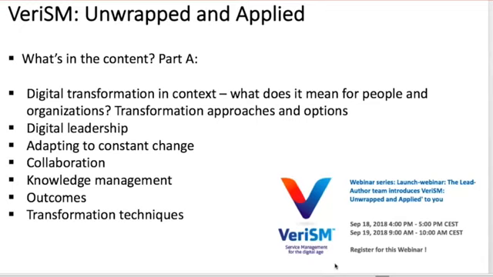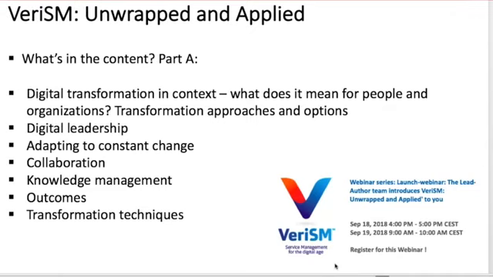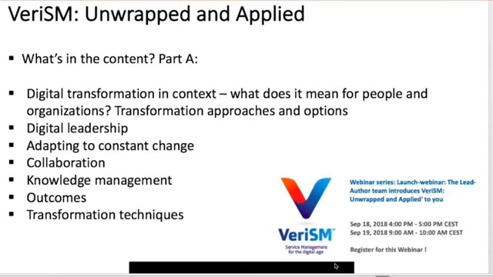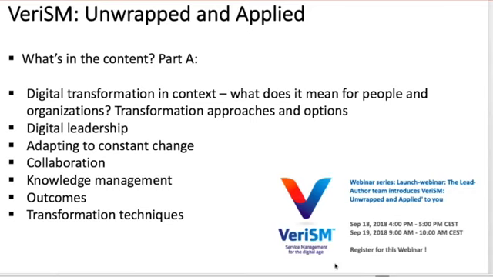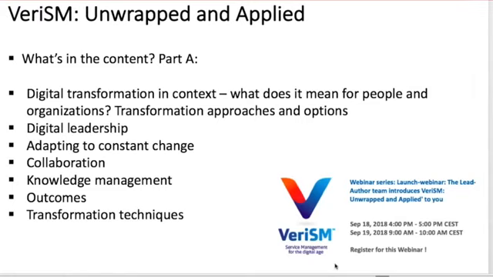So will you try and lead your transformation initiative yourself? Are you going to work with an external organisation? All these kind of questions are covered in that section. So there's some specific content on the different approaches and the different options that are available to you, and that's going to help you start to shape your thoughts about what digital transformation will mean for your organisation.